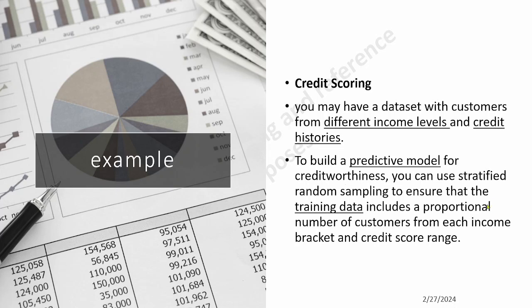In that case, we need to do stratified random sampling, ensuring the data is coming from each of the income levels or each of the credit profiles. This will ensure fairness or a better representation of data.